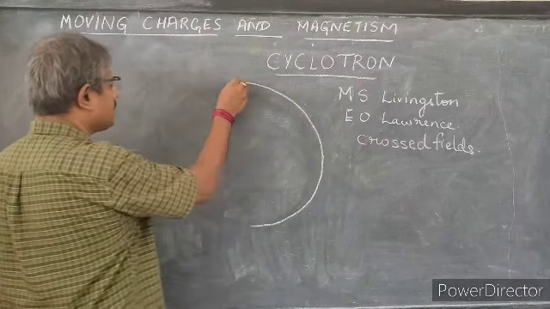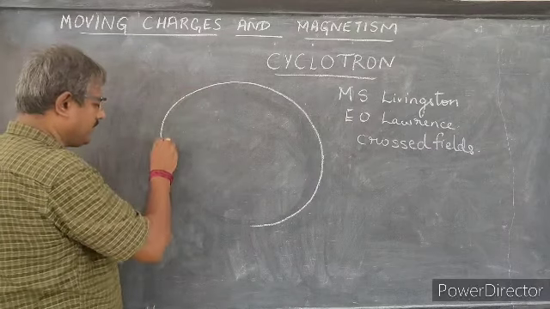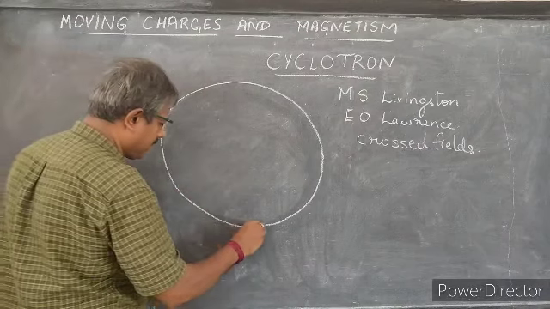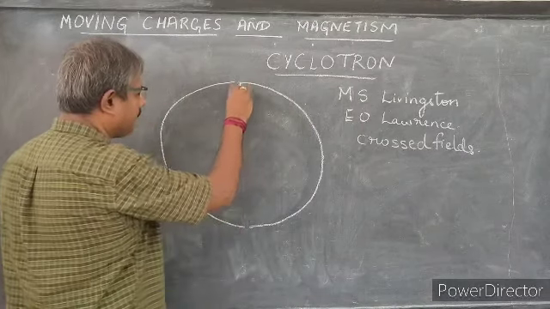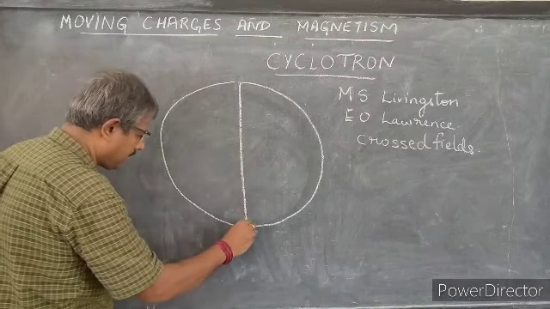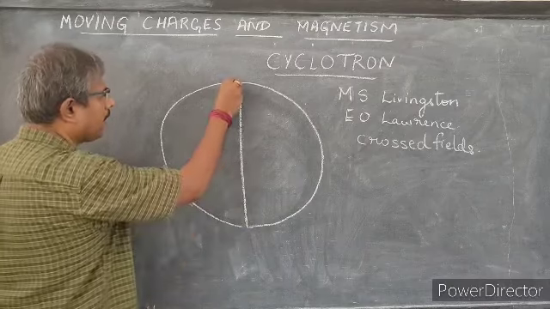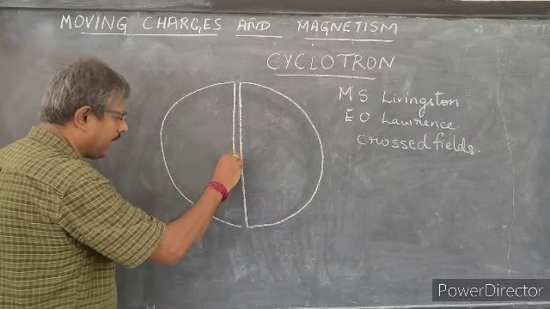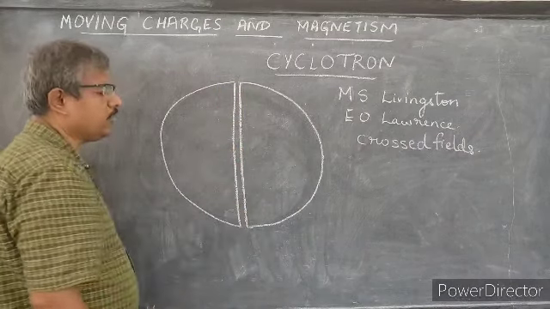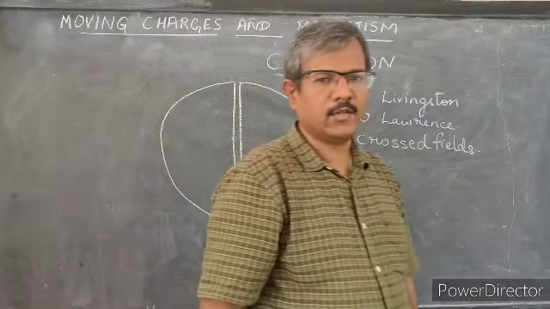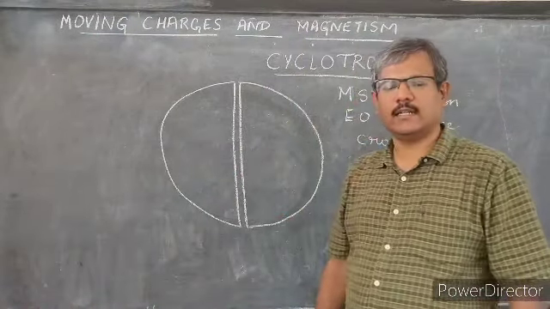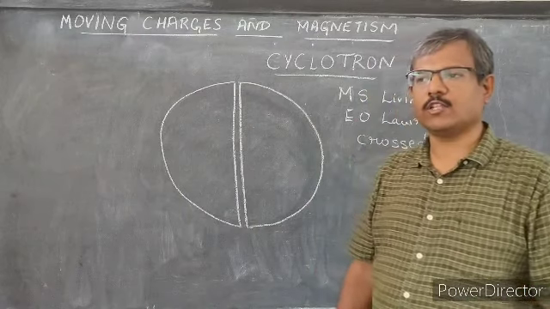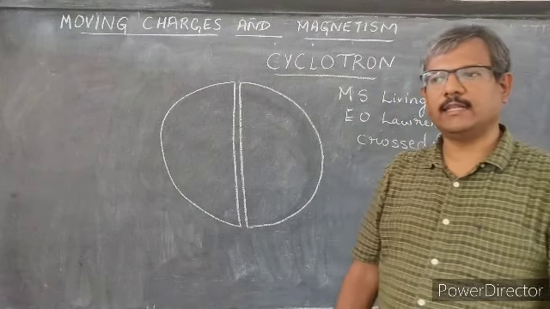The discs are chosen such that they are part of the same circle, and there is a small gap in between the two discs. Since these two discs resemble the shape of the letter D, they are sometimes also referred to as the Ds.